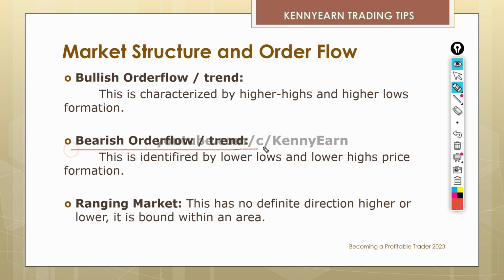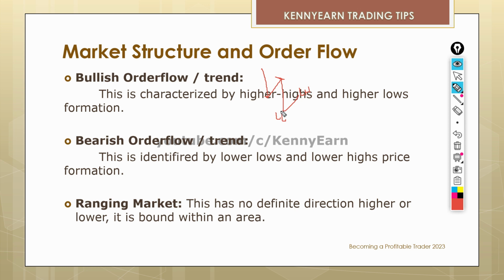And then the next one is bearish order flow or trend. This is identified by lower lows and lower highs price formation. So what that means, the market moves like this, makes a low, retraces, makes a high, drops down, makes a lower low, retraces, makes a lower high.